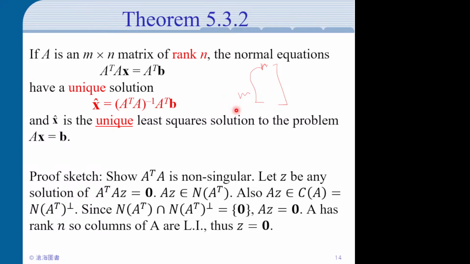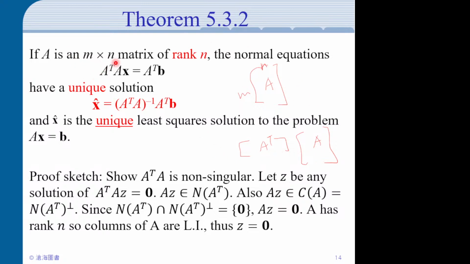So A is like this, and A^T A is an n by n matrix. Anyway, we have a proof sketch here, and you can show that A^T A will be non-singular if A has full rank.